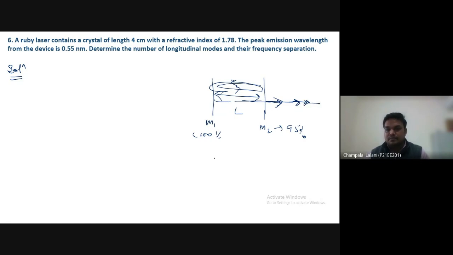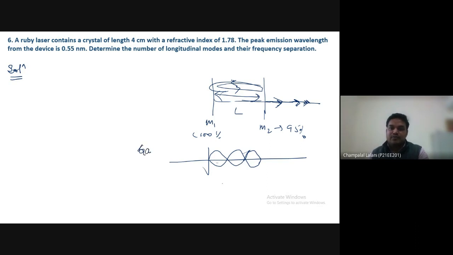Further, when there is a generation of light, this can generate only an integer number of frequencies or wavelengths, which satisfy the condition of gain.